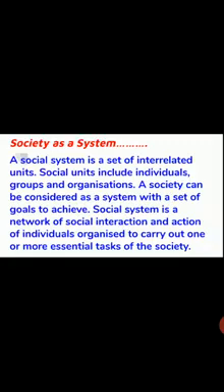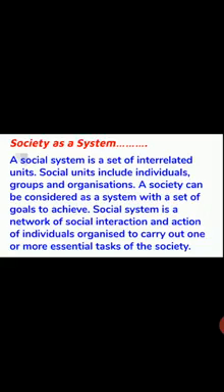Social system is a network of social interaction and action of individual organization to carry out one or more essential tasks of the society. The society has interrelated units or parts which function for the attainment of the goals of society.